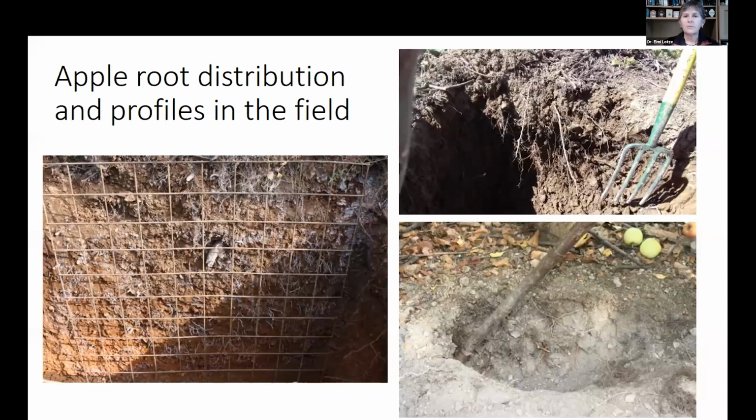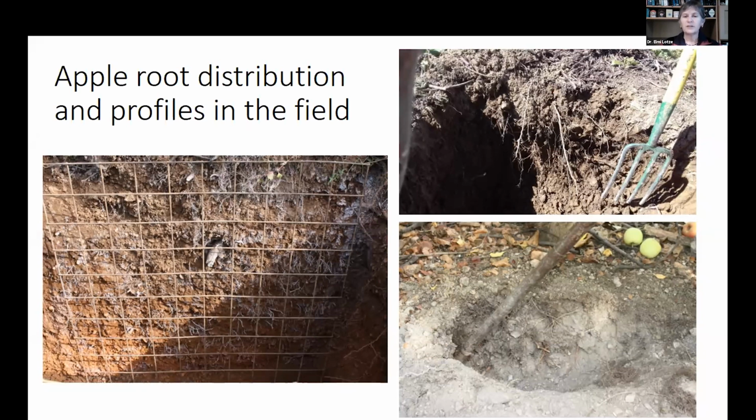On the right-hand side at the top, you will see quite often if there's a mulch in the orchard, you see an accumulation of roots at the top. That is also interesting when you look at the CID scanning images. And then at the bottom, it gives you an idea of what the soil looks like quite often, and the trouble we have to put these tubes into the soil.